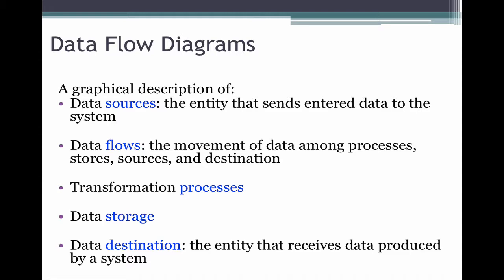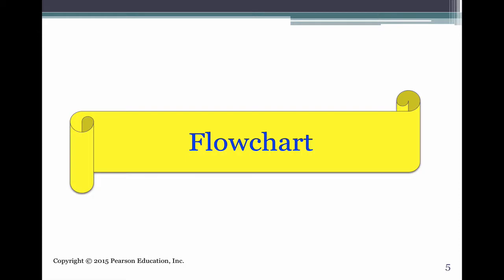The data sources and the data destinations are entities that send and receive the data. The flow of the data depicts the movement of the data among the processes, stores, and destinations. The transformation is transforming the data from pure crude data into informative information, and finally storing the data.